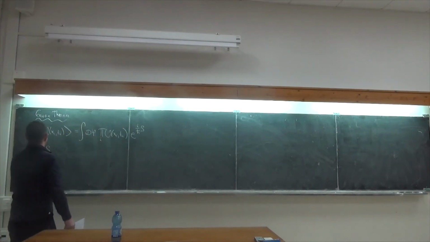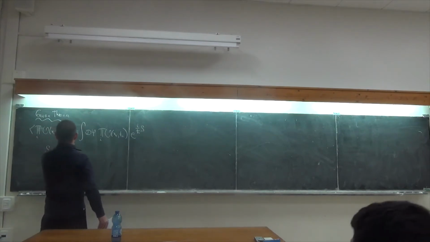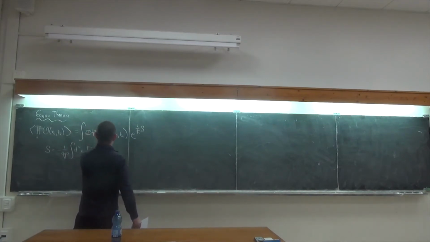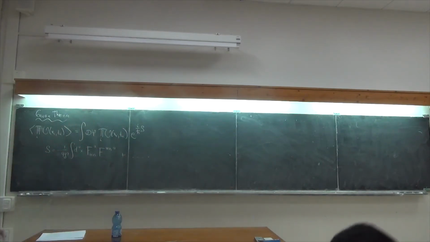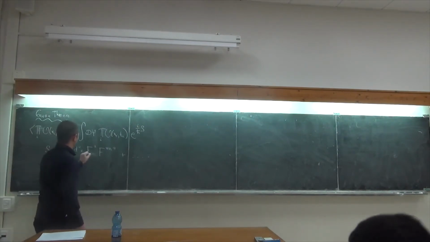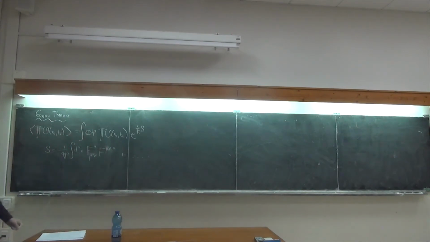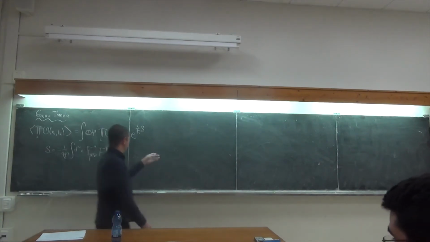For our case, this will be a gauge theory, where the action is 1 over 4 g squared, the integral of F_{mu nu} F^{mu nu}, plus other stuff. This is the type of object that we will study.